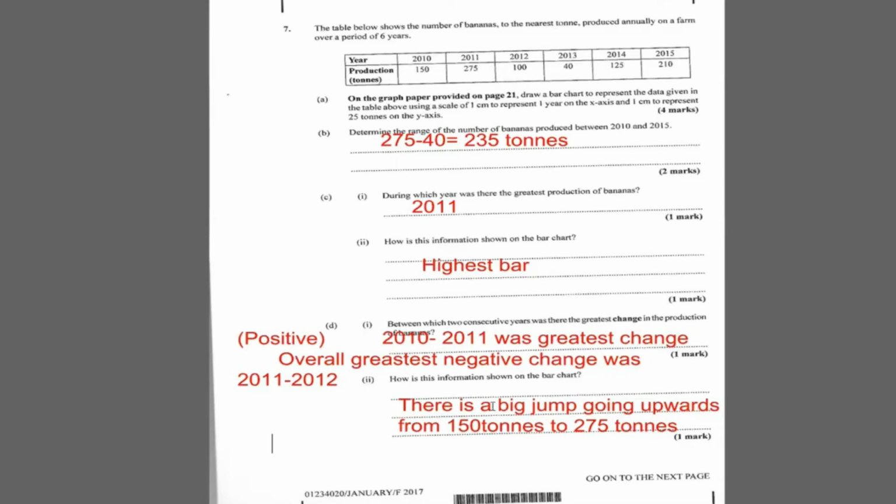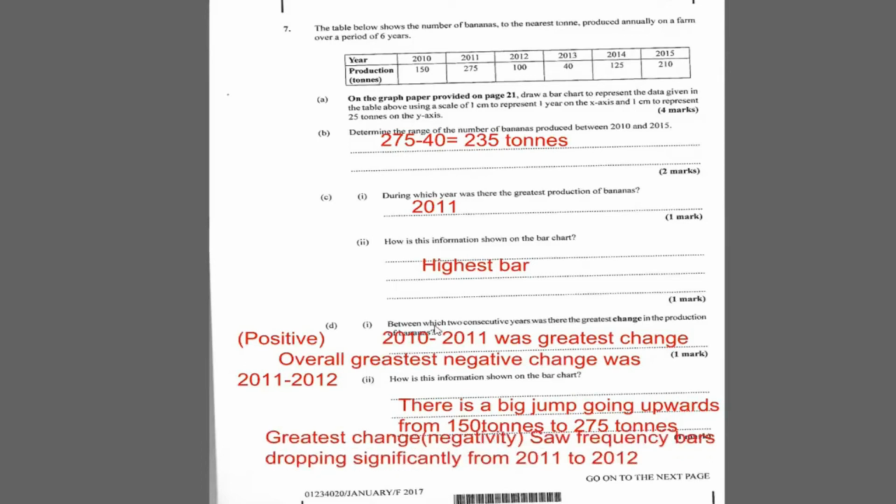So if you're writing right here, you could say the greatest change in terms of negativity saw the frequency bars dropping significantly from 2011 to 2012, just to make sure we answer everything.